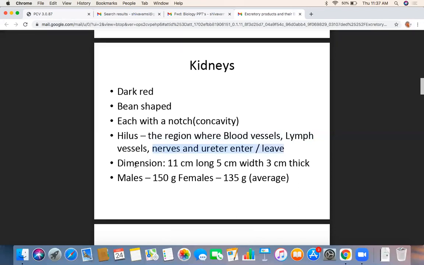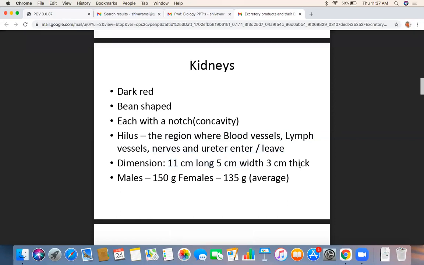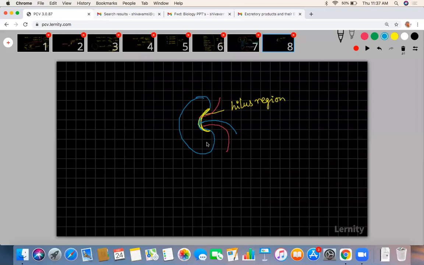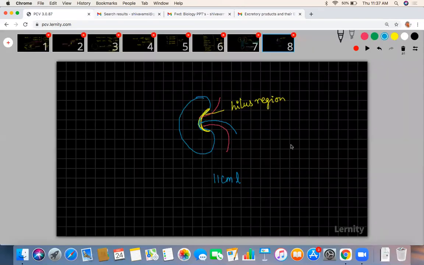Okay. And then what is the dimension? It is 11 centimeter long, 5 centimeter width and 3 centimeter thick.